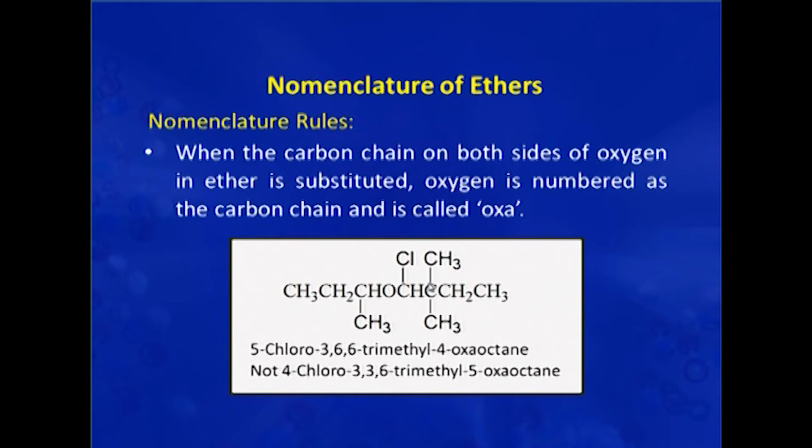So, when the molecule is so much substituted, it is difficult to name the molecule as alkoxy alkane, and then in this case what we do is that we see the longest possible carbon chain including the oxygen of the ether. That is, in this particular case you can see that a total of 8 carbon atoms, or an octane chain, is formed in this molecule, with position 4 having the oxygen atom.